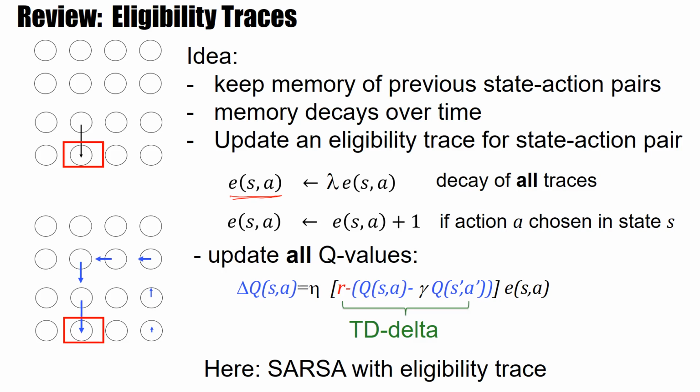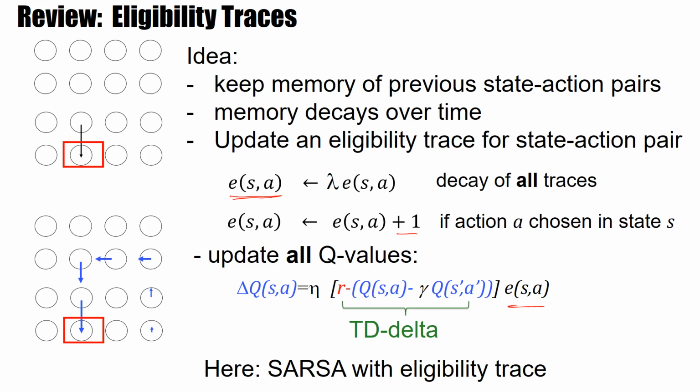And if an action is chosen, then it's increased by 1. Now, in each time step, we update all the Q values using this eligibility trace, and then we multiply with the TD delta.